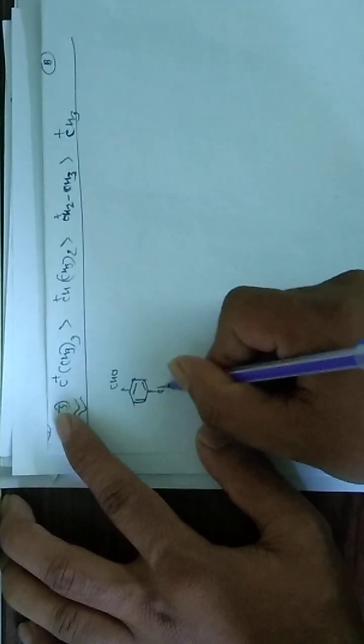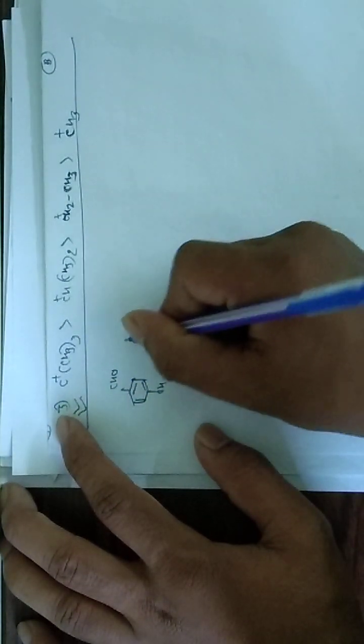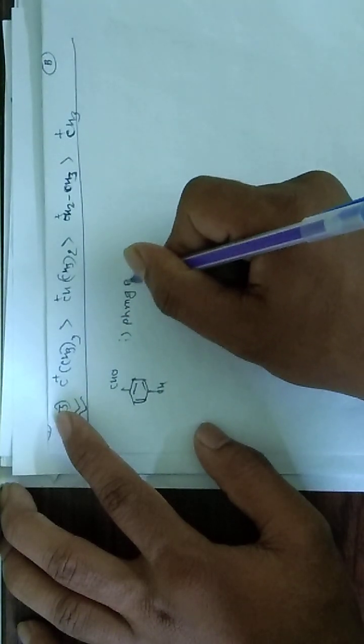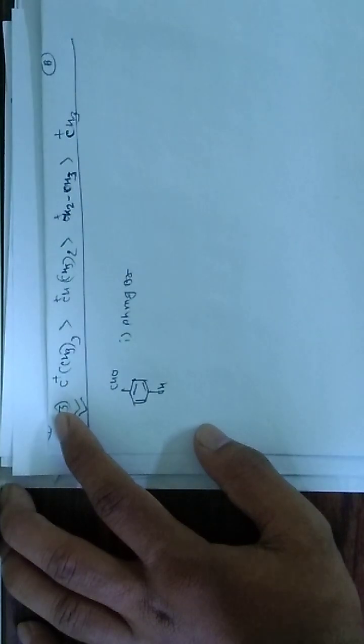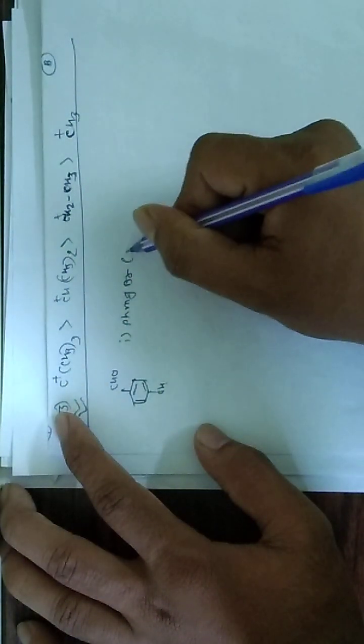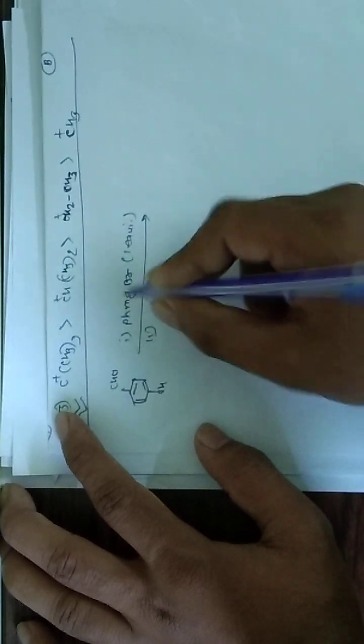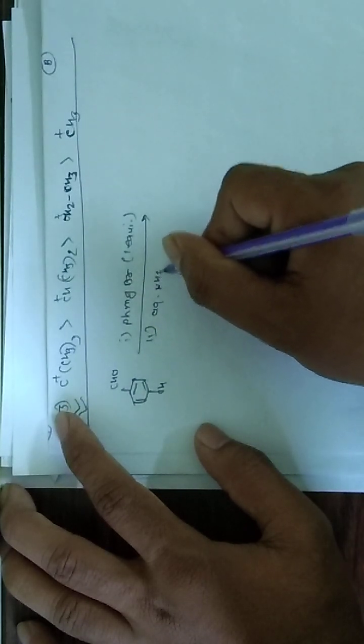Here a phenol with a CHO group is there, reacted with a Grignard reagent, one equivalent used, and second is aqueous NH4Cl.